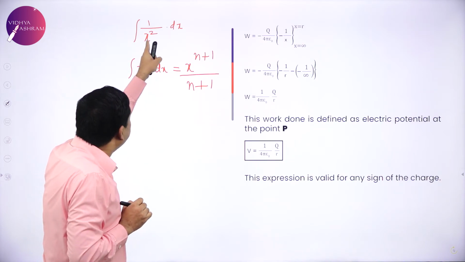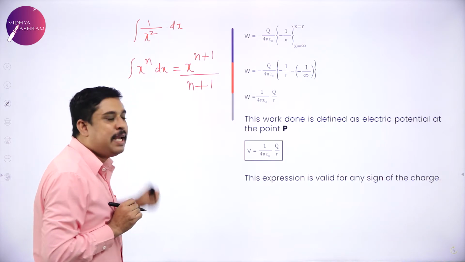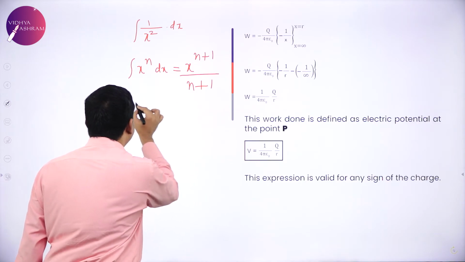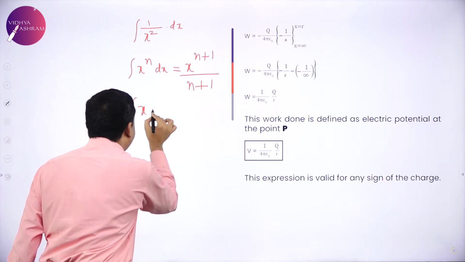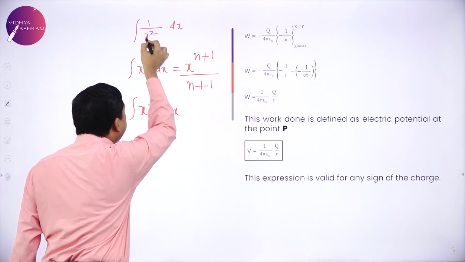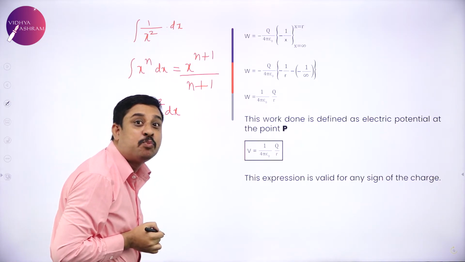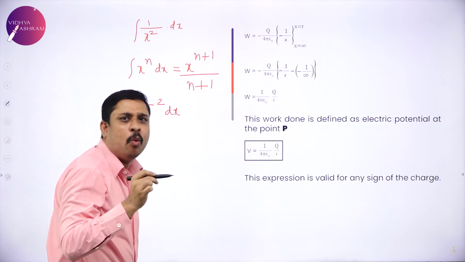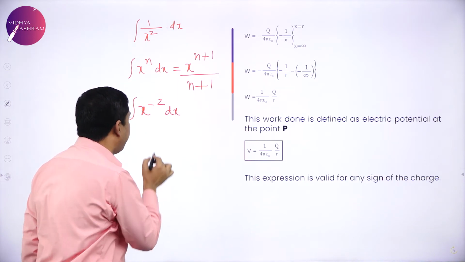Can I rearrange this term in the standard form? Yes, this is x to the power minus 2 dx. 1 by x square, I have written as x to the power minus 2. Why? I required that in my standard form.